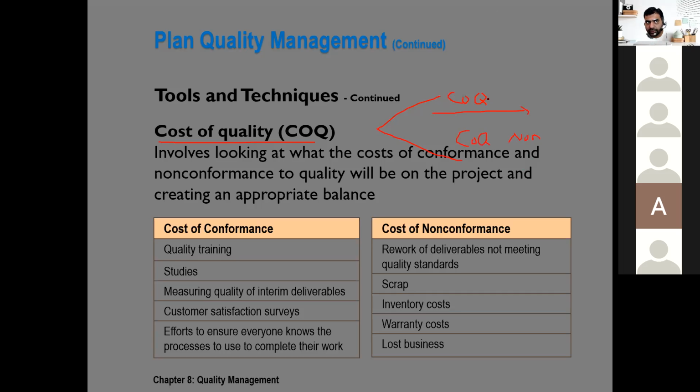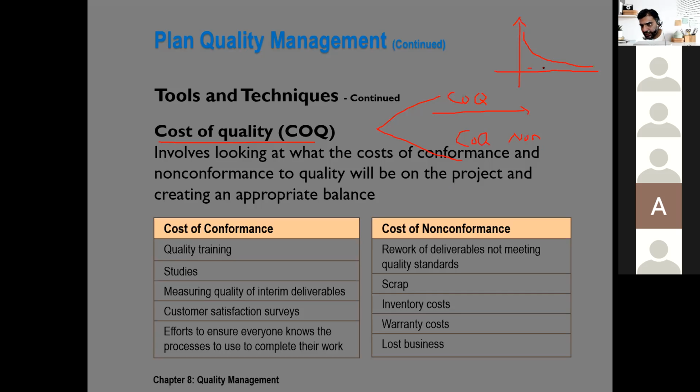This type of cost includes not only the defects, the rework, the scrap, and the warranty claims, but most importantly, your business reputation. All these costs are too much. If you remember, yesterday we talked about this graph where cost of quality conformance is high at the start of a project but goes down with the passage of time.